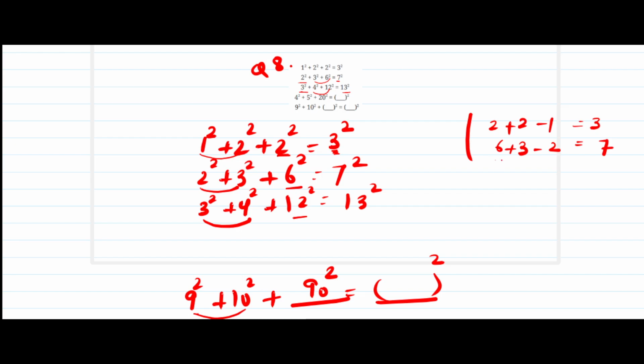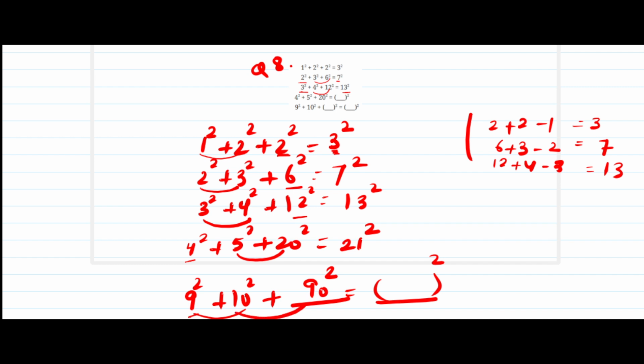And similarly for the second last step, that is 4 square plus 5 square plus 20 square: 5 plus 20 is 25, 25 minus 4 is 21 square. And here also 90 plus 10 is 100, 100 minus 9 is 91. This is the answer of this question.